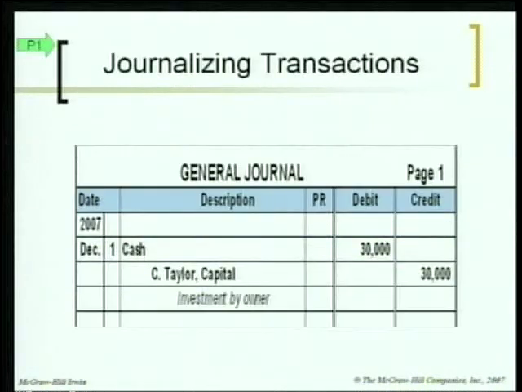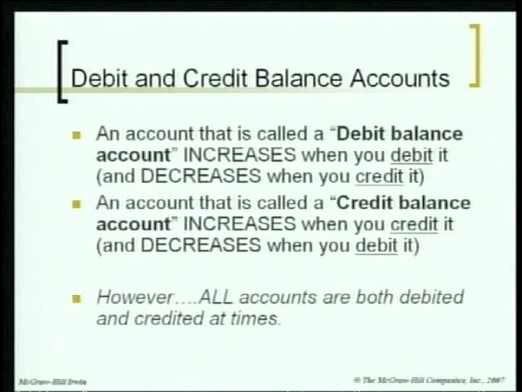So the key question here, coming off the Elmo, coming on to me live. The key question is, okay, Dave, you told us that cash was a debit balance account and thus increased with the debits and decreased with credits. You told us that notes payable, though, was a credit balance account.